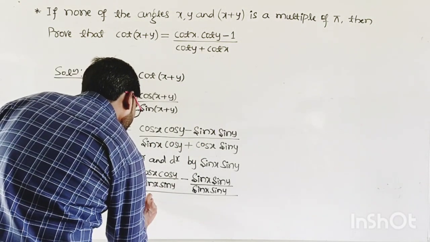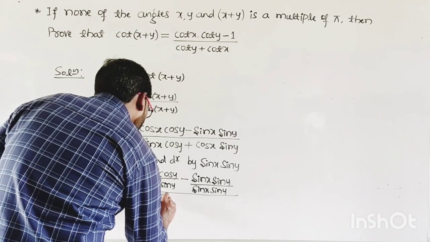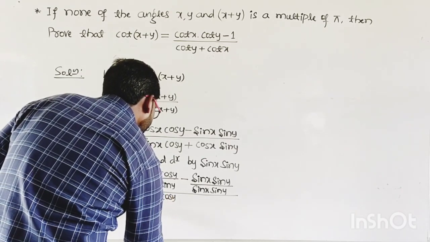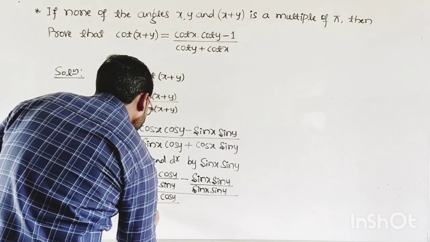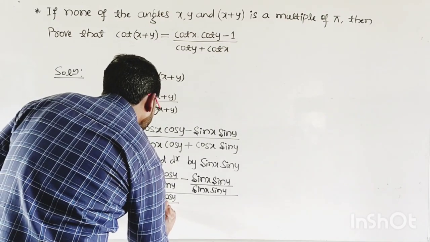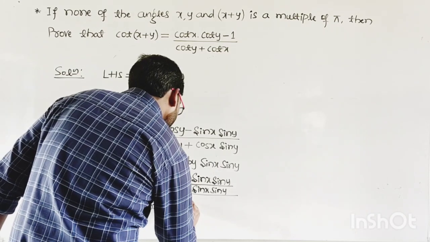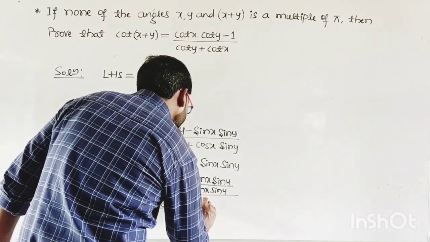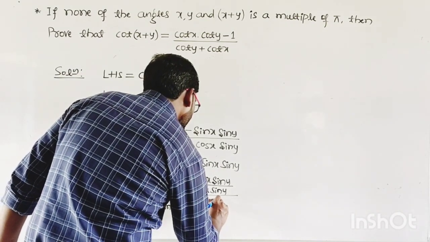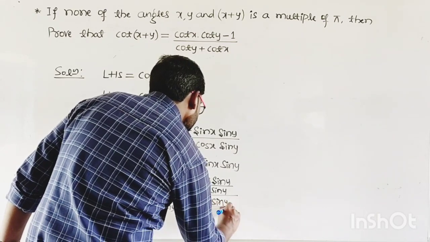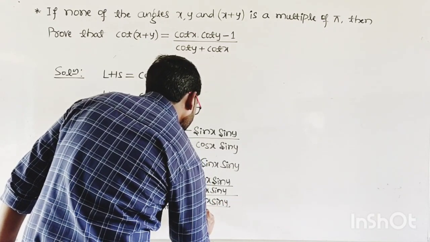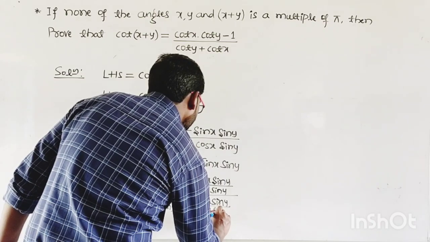So here we have sin x cos y divided by sin x sin y, then plus cos x sin y divided by sin x sin y.